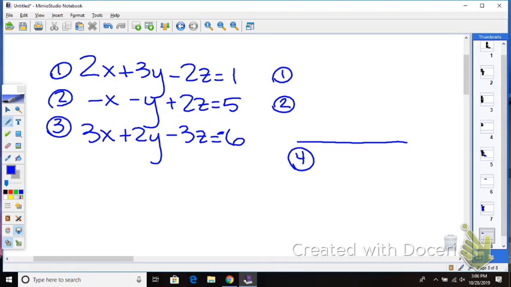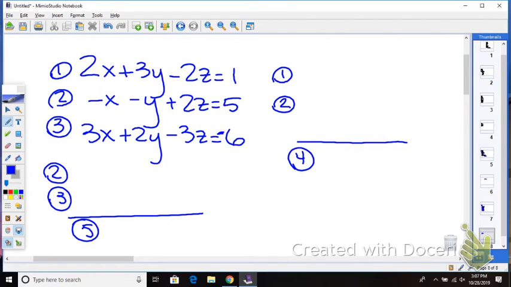And then, if we use 1 and 2, what do you want to use with 3? 2. I'd probably pick 2 because you've got a positive and a negative. So then use 2 and 3 and come up with your 5. Okay? And we'll compare.